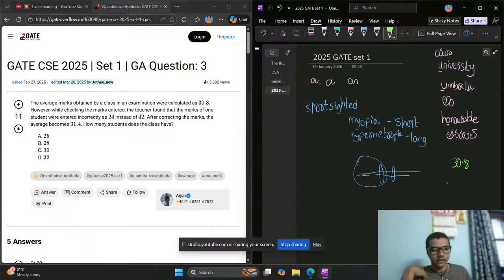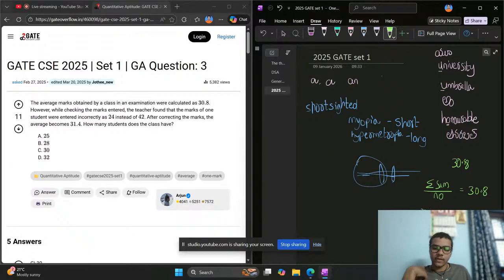Alright. So how do we even approach this question? We know the formula for average: sum of observations by number of observations. That came out to be 30.8. We don't know the number of observations.